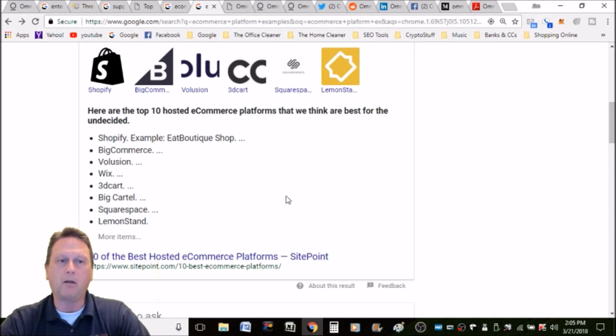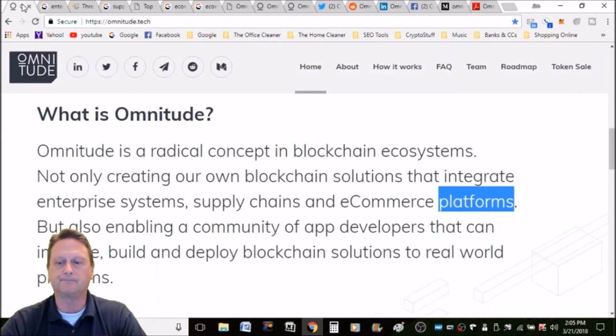But if you're smaller and you don't have the technical expertise, but you have a product that you want to sell and you want to set up a little online store somewhere, then you can go on to somebody else's e-commerce platform and you can set up a little retail store for yourself, and then you can start selling your product online. Okay, so that's all pretty simple.